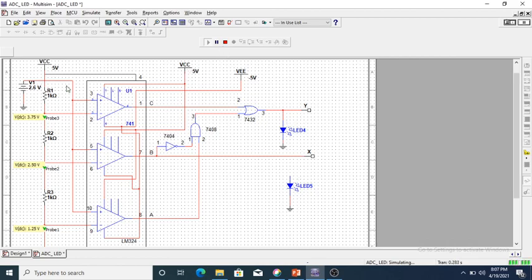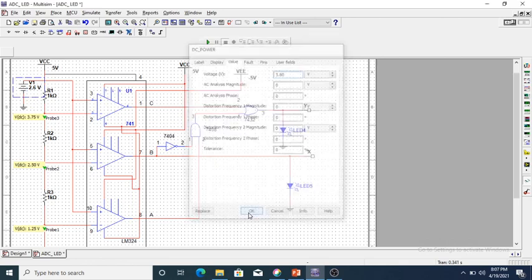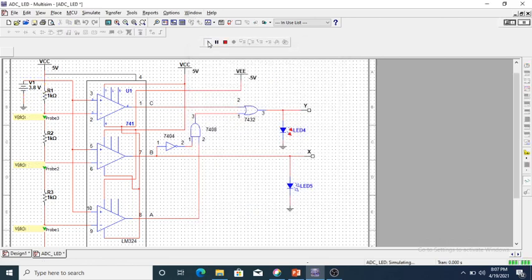Now if my input is greater than 3.75, let us say 3.80 volt is the input, and if I press run, then 1, 1. So this is how, by varying the input signal, we are getting 0 0, 0 1, 1 0 and 1 1 as a digital output.